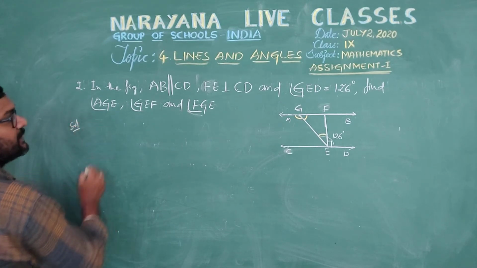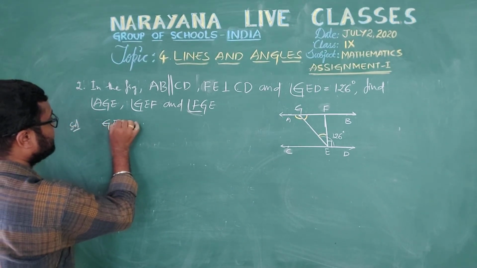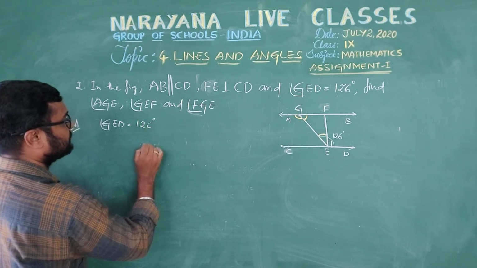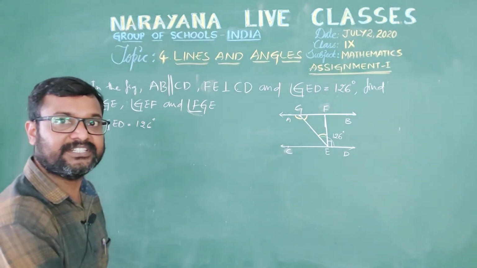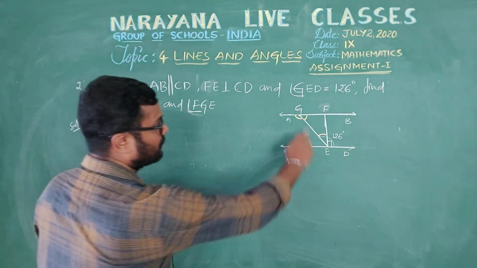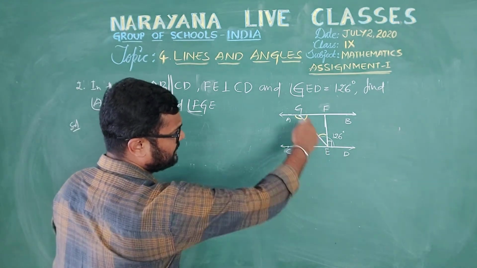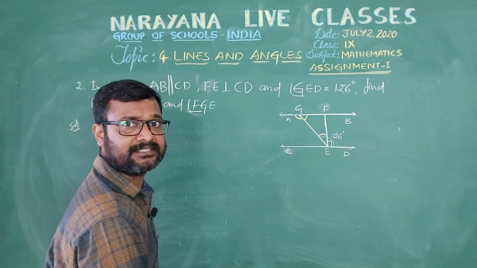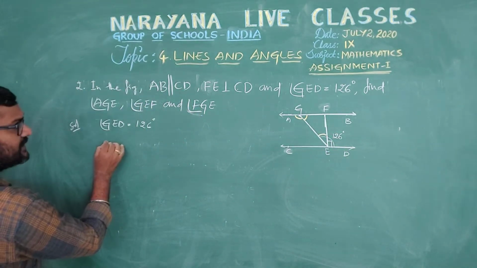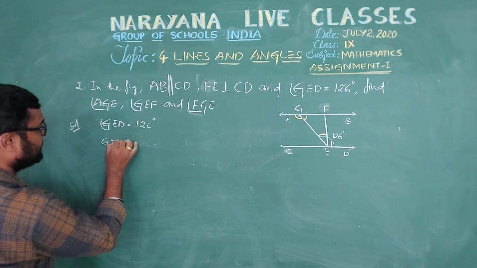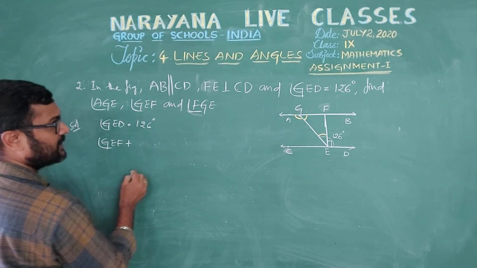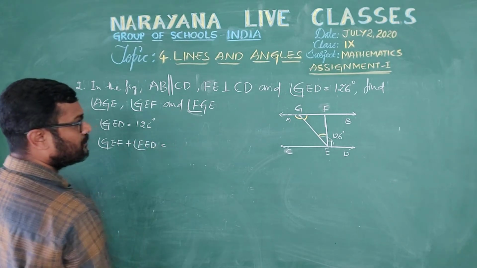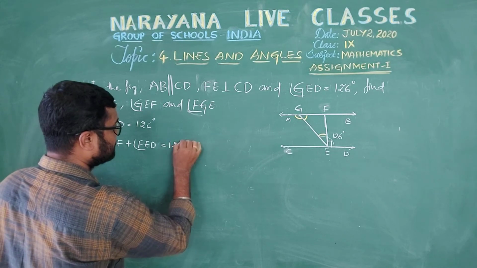Now see, angle GED is equal to 126 degrees, isn't it? So now can I write angle GED as angle GEF plus angle FED? Yes, I can write. Angle GED can be written as angle GEF plus angle FED, which is equal to 126 degrees.